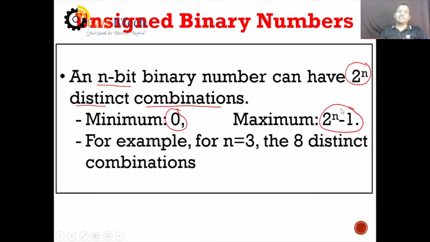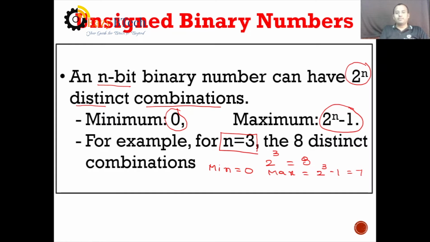For example, if n is equal to 3, that is a 3-bit binary number, we can have a total of 2 power 3, that means 8 different combinations. The minimum number is 0 and the maximum is 2 power 3 minus 1, that means 7.